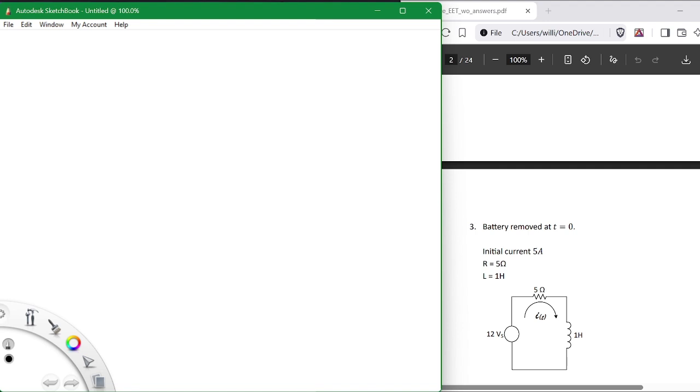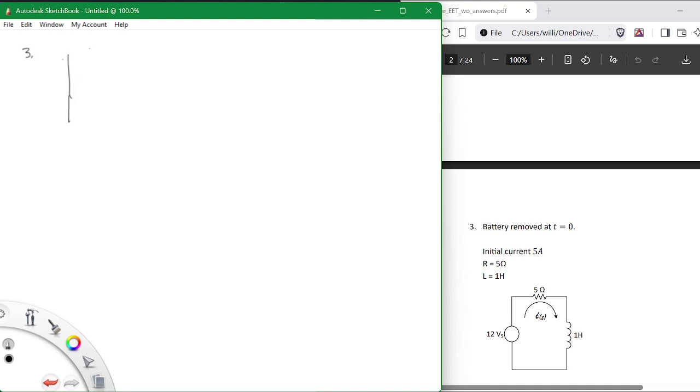Now the battery is removed here, and you have initial conditions, but there is no voltage. So this one is where this goes away. So this one is the e to the minus t over tau. So that's all this one is. Basically this one is number 3.